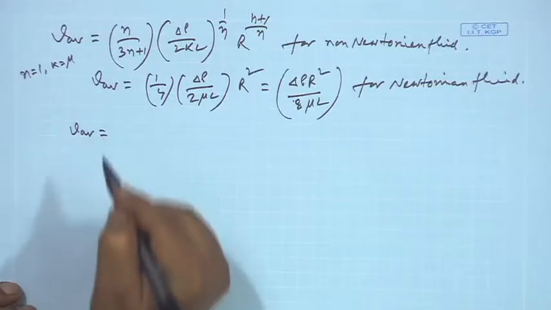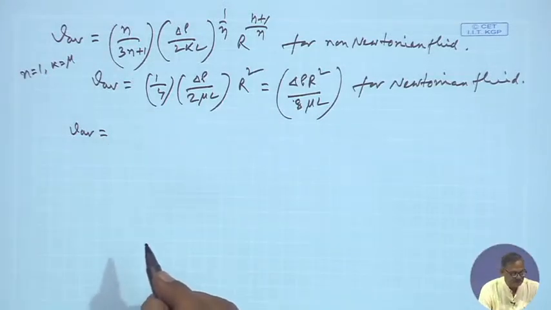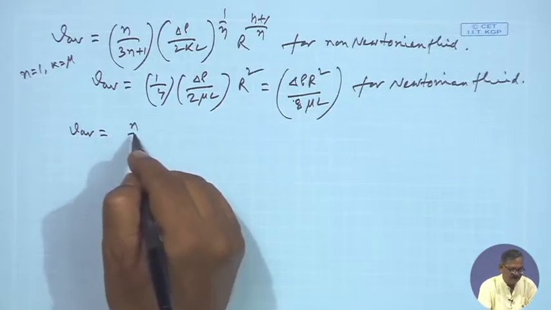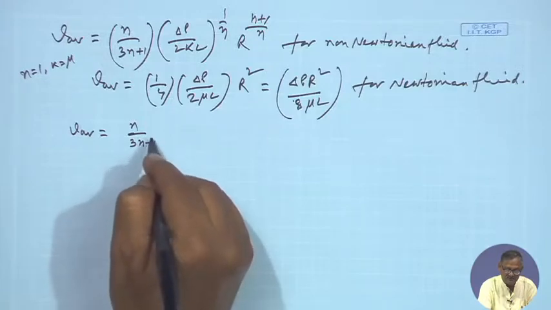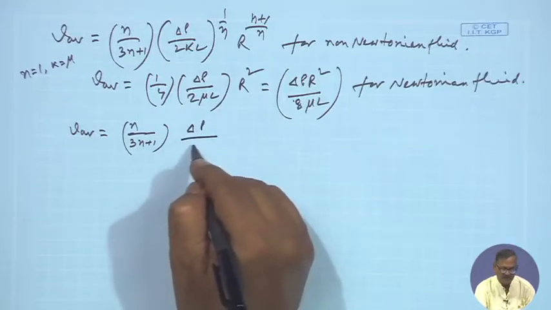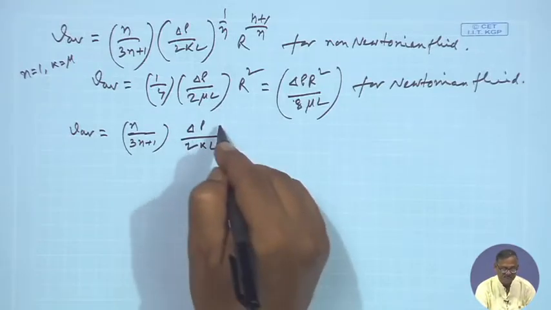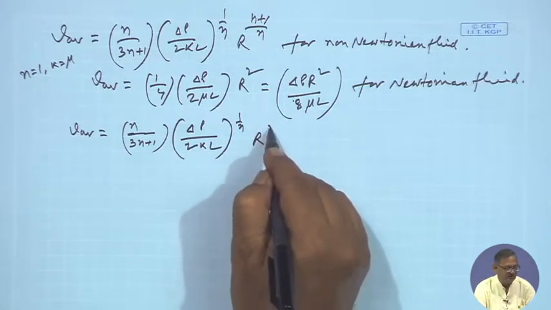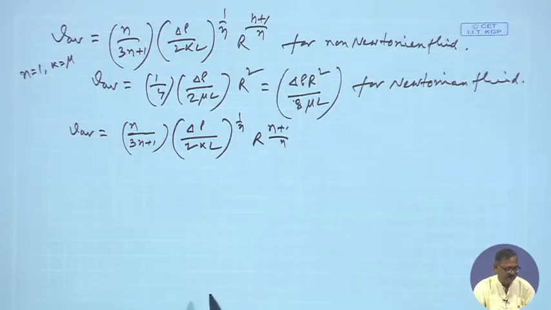So, this you try. Now, the average velocity equation we can write: V average equals n by 3n plus 1, into delta P by 2 K L to the power 1 by n, R to the power n plus 1 by n, right.